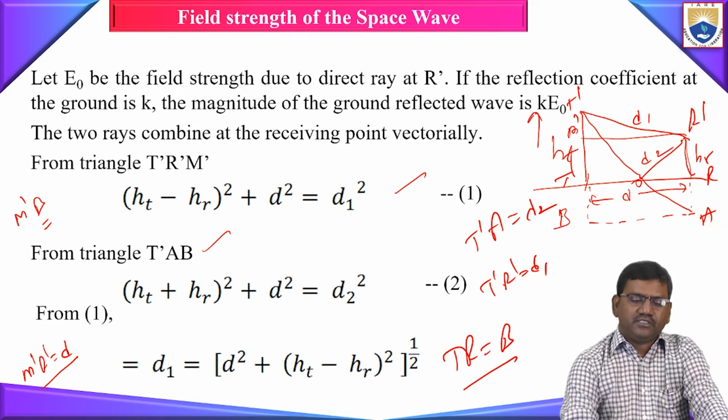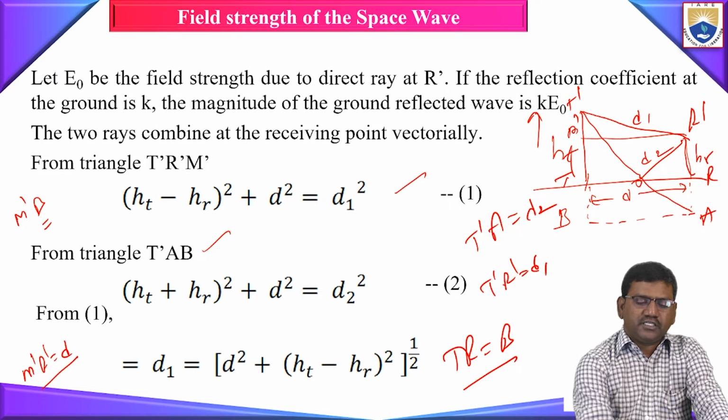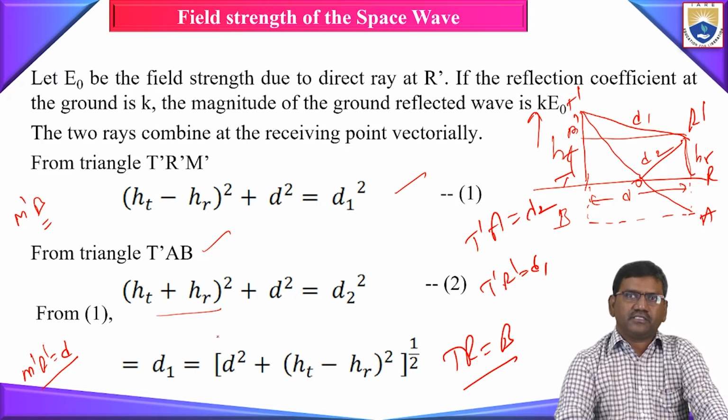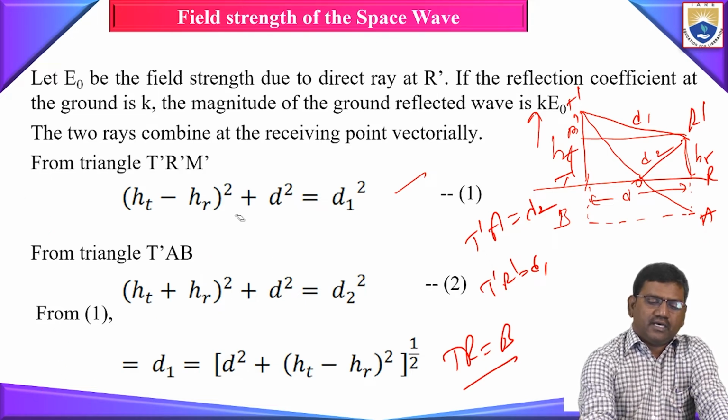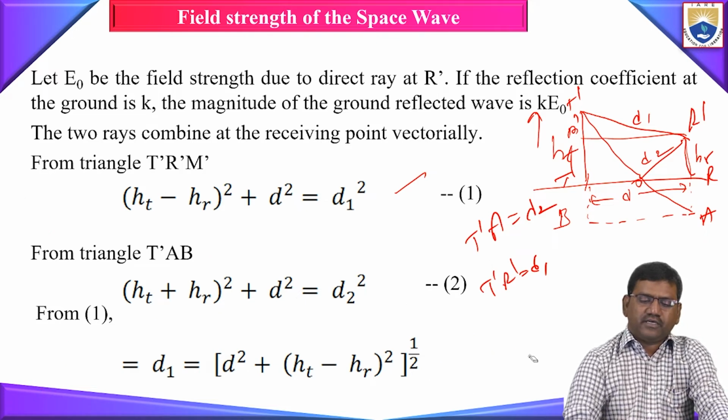So (HT plus HR) whole square plus d square is equal to d2 square.